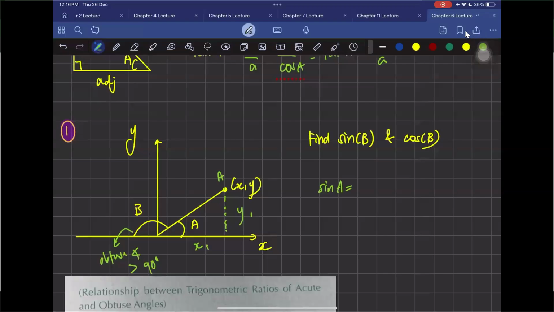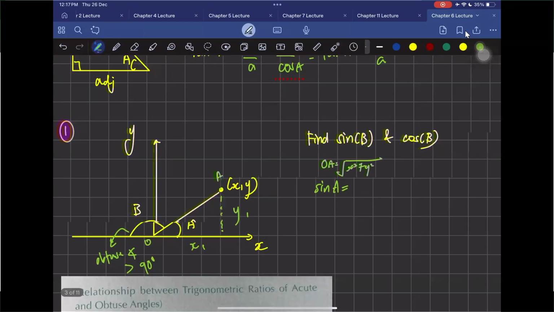Hey guys, sorry for the disturbance earlier. Your first step is to find your hypotenuse, which is OA. So this is basically, if you use Pythagoras theorem, OA is the square root of x square plus y square. Okay. You can either use this formula or you can use what you have learned earlier through coordinate geometry.